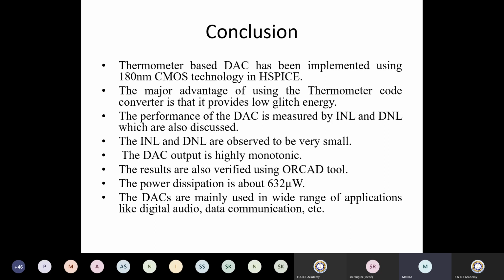Performance is measured in terms of INL and DNL, which we have already discussed, and we observed that INL and DNL were very small and the circuit was highly monotonic. Monotonicity, or linearity, is also a performance parameter. The results were verified using a free software tool as well. The total power dissipation was 632 microwatts. Applications of DACs range from digital audio to data communication, etc.